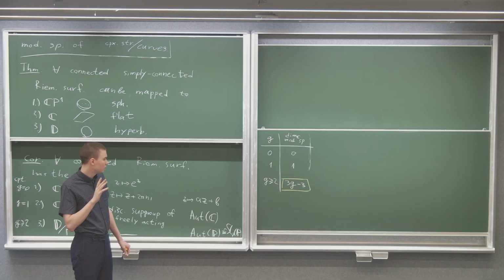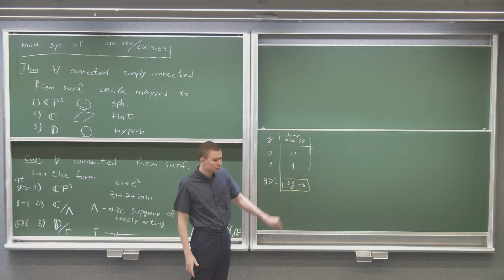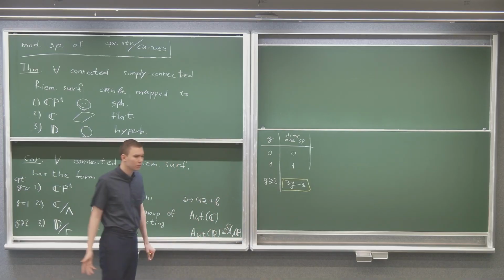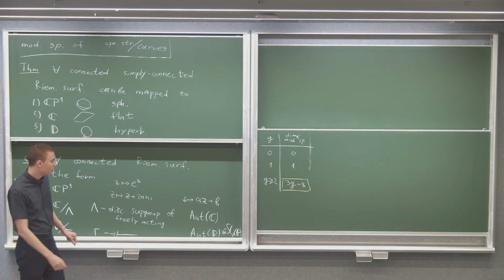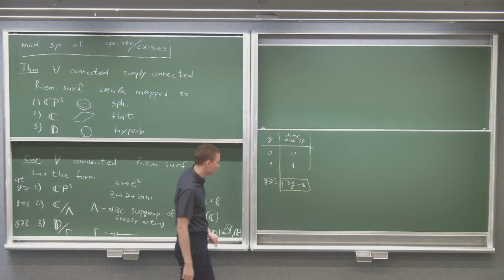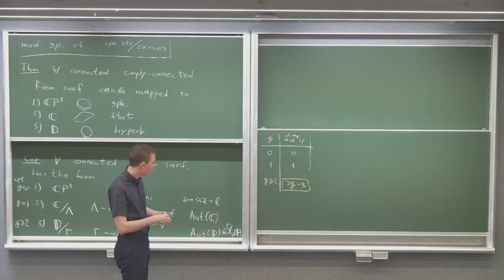But this is kind of complicated. The idea of today's talk is to get this number in a much simpler way, geometrically, to just see how it appears. So this is the goal for today.